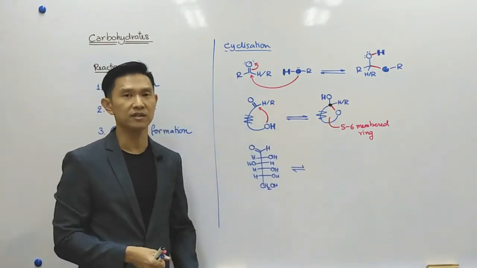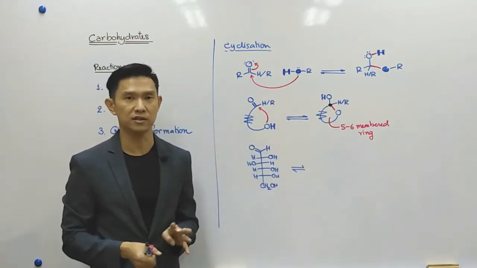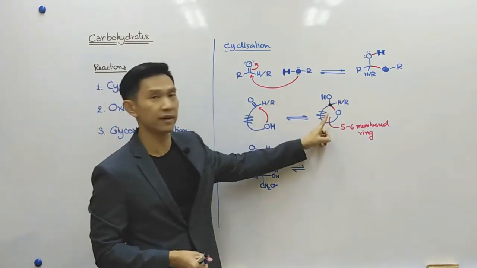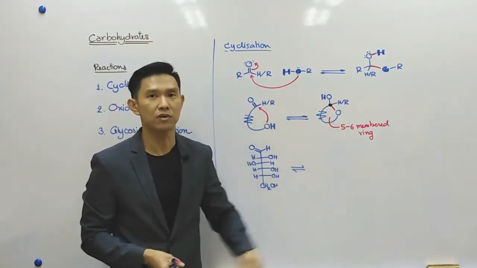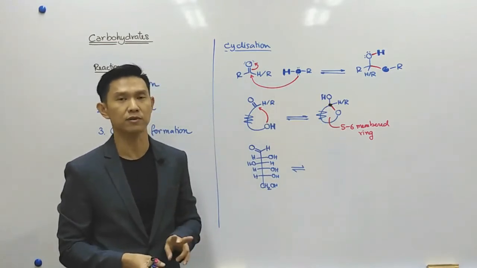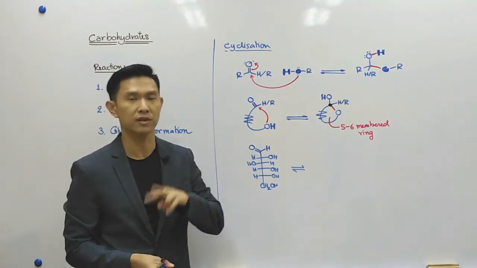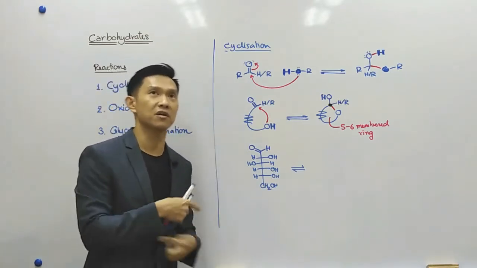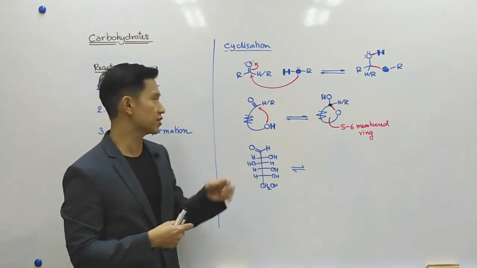That means instead of 16 possibilities, in cyclic structure you're creating another chiral center. So you double the possibilities to be 32 possible structures, or 32 possible stereoisomers, in 6 members.